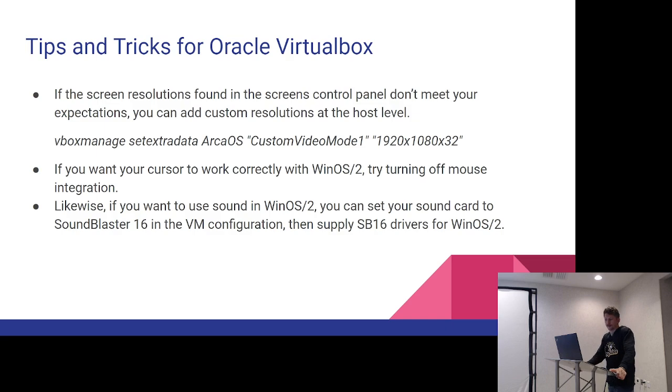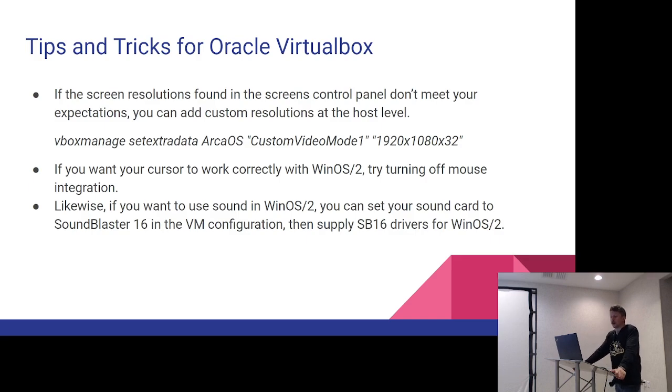Also, if you want your cursor to work correctly in WinOS/2, specifically full screen mode, try turning off the mouse integration. Again, just a simple consideration. Takes a second, and then if you want to turn it back on, I believe you hit your host key, which for me is right Control, and then I, and then it makes it seamless again.